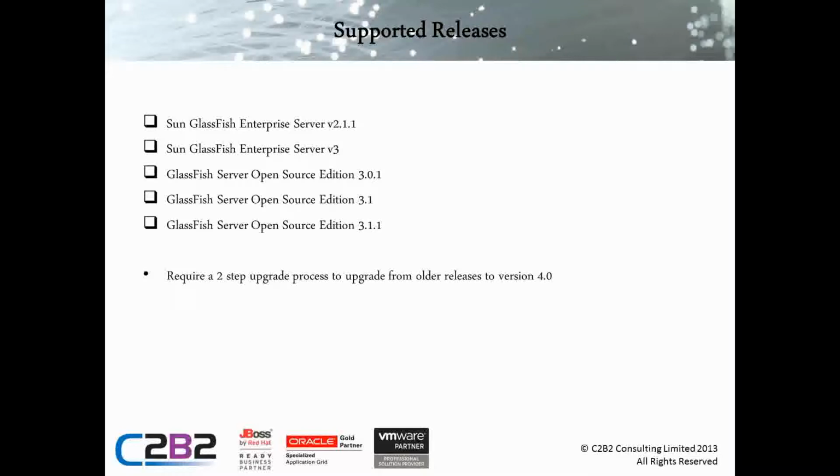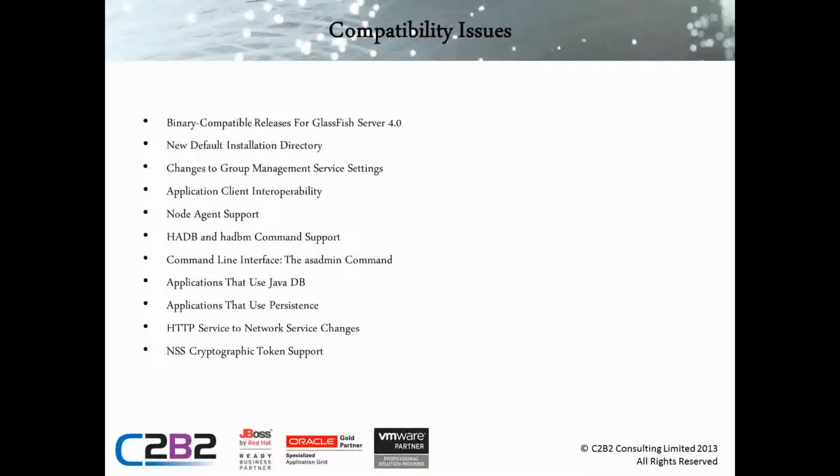If you currently use a version that is not part of these supported releases, then you'll have to do a two-step upgrade process: first upgrade your current application version to one of those listed in the supported releases, and then from that you move to the latest version, which is 4.0.